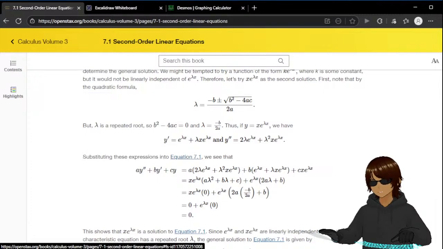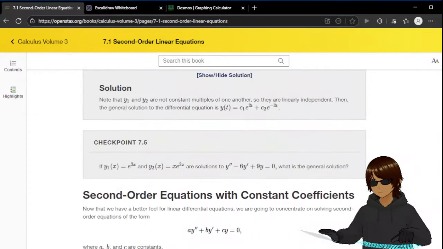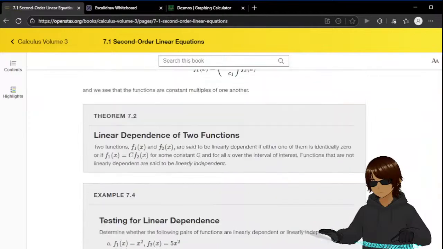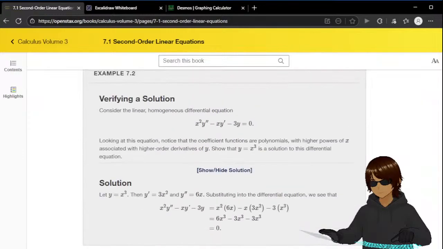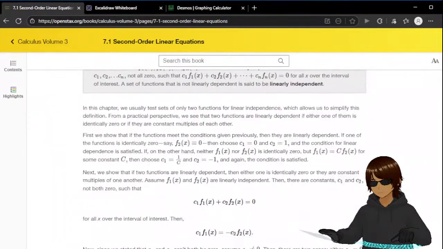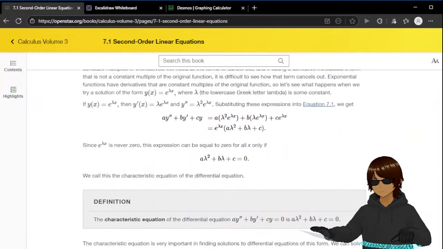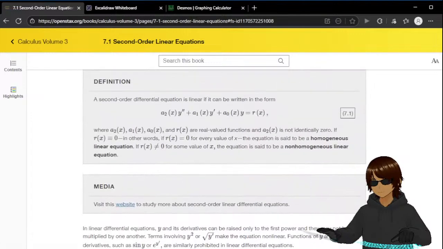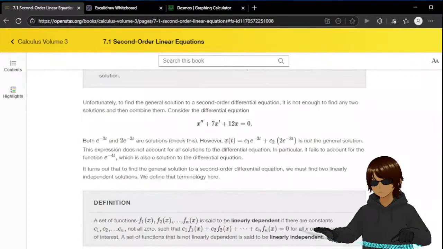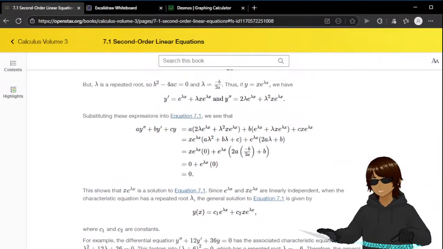Substituting into equation 7.1. Okay, I don't understand why they're doing that 0. Why? Okay, why is this 0?